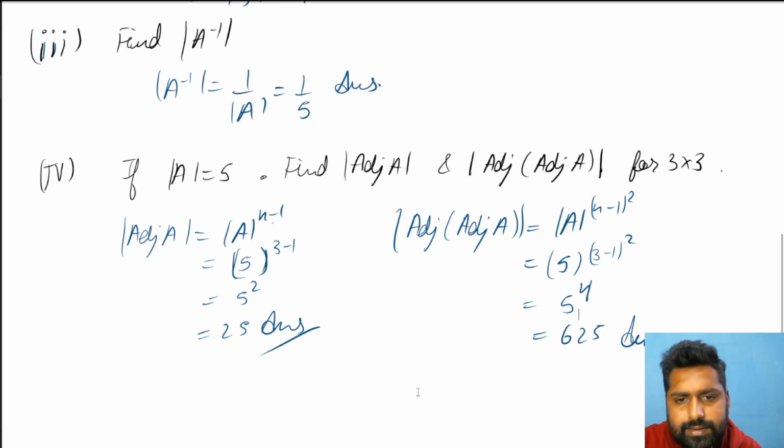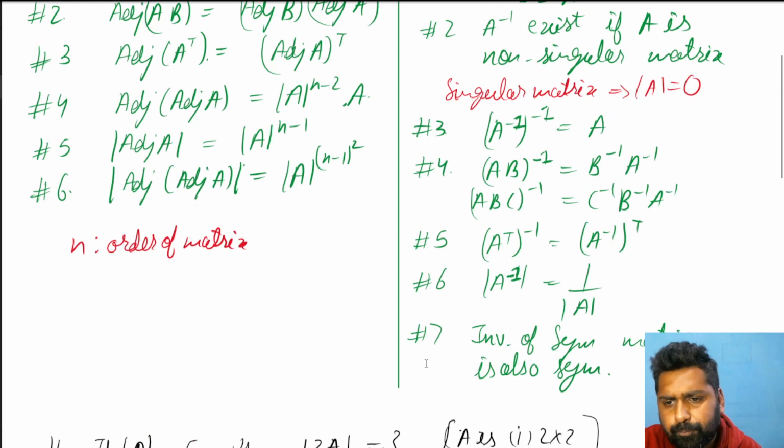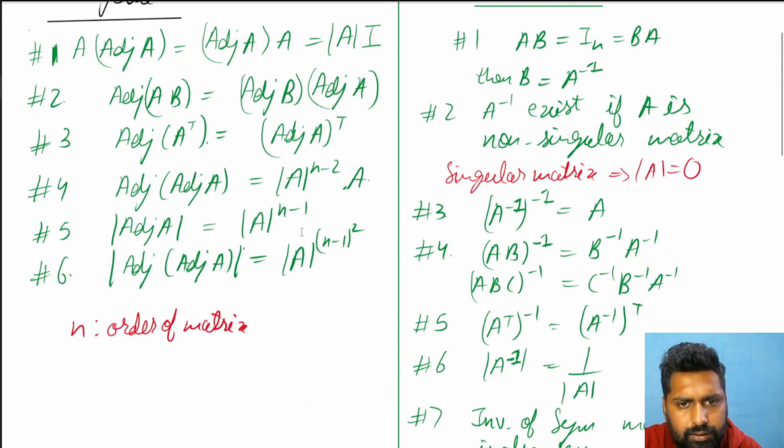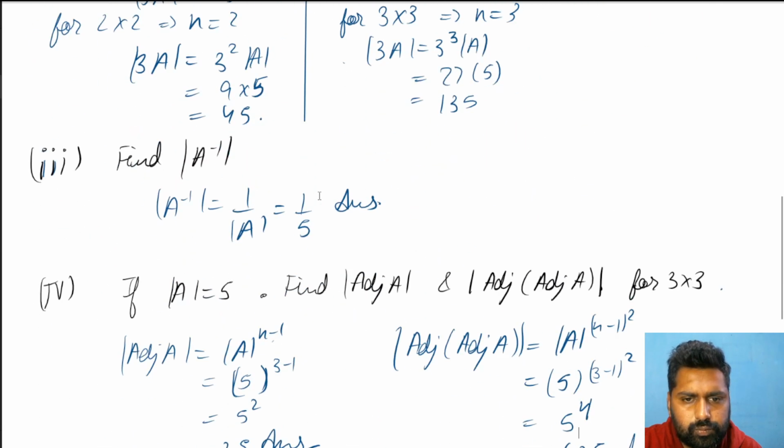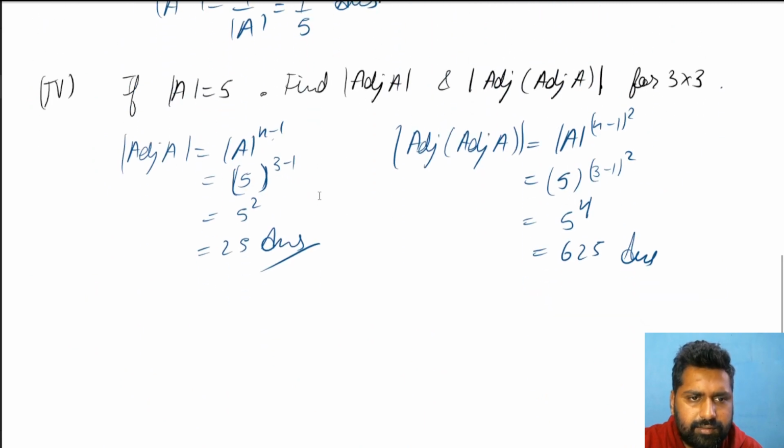What else they can frame? Multiplication done, this is done. A into adjoint A, no? So same fifth part I'll create.